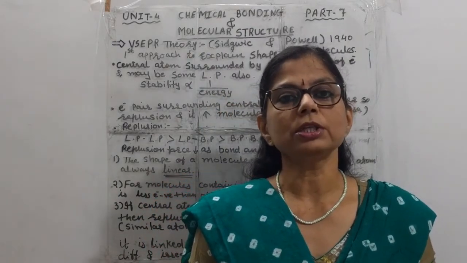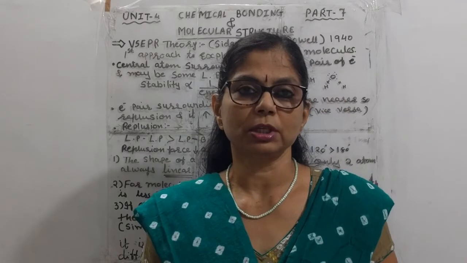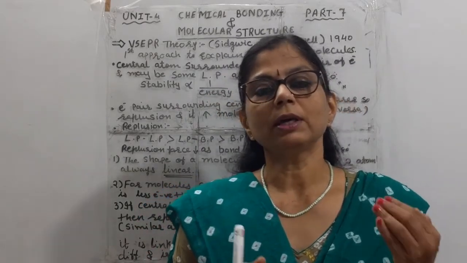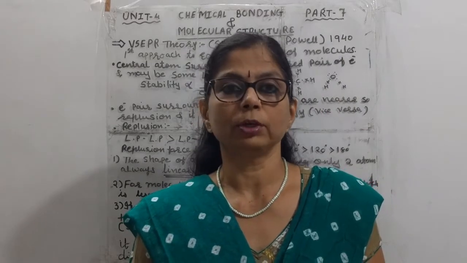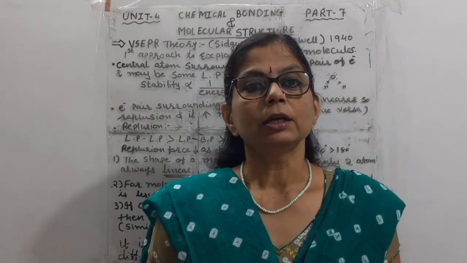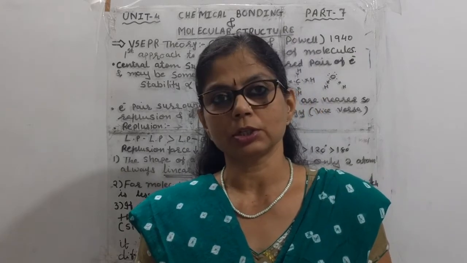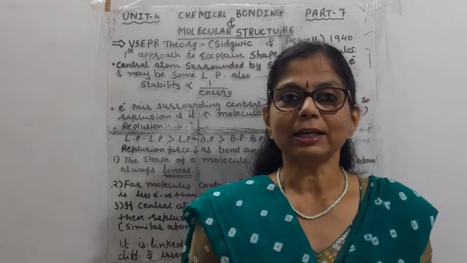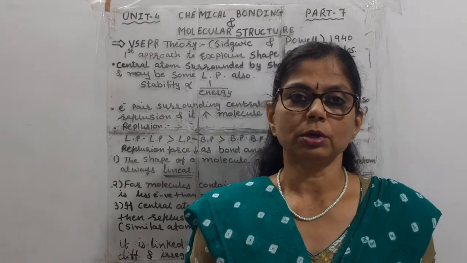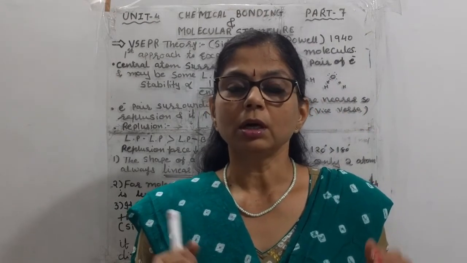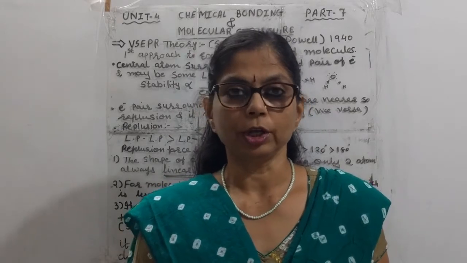So in today's video, students, we are going to study the main important theory that gives an idea about the shape of the molecule, and this overcomes the drawback of the Lewis dot structure. As we know, the Lewis dot structure is not able to explain the exact shape of the molecule.